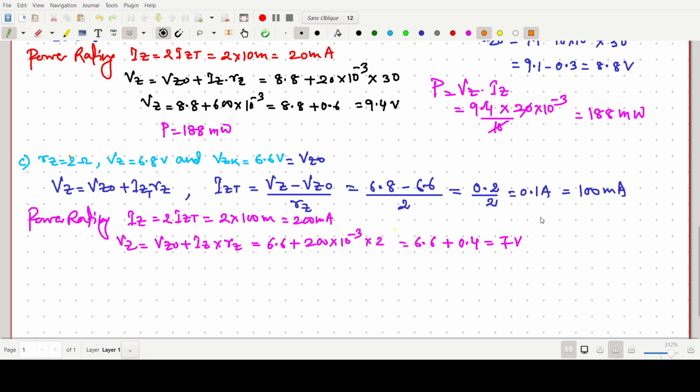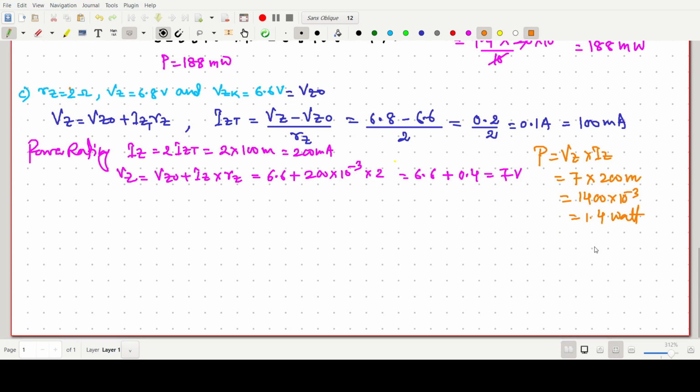Now we write the power rating, Vz into Iz. Vz is 7 volt into Iz is 200 milliampere, means 1400 into 10 to the power minus 3, simply 1.4 watt. So this one is the third part.